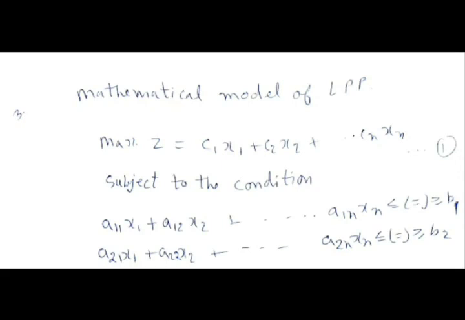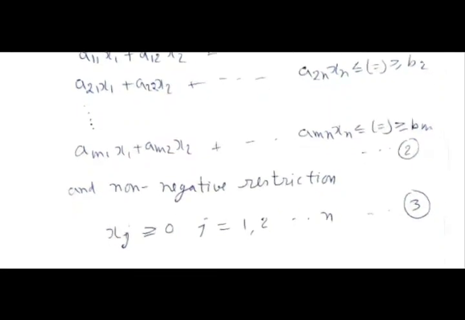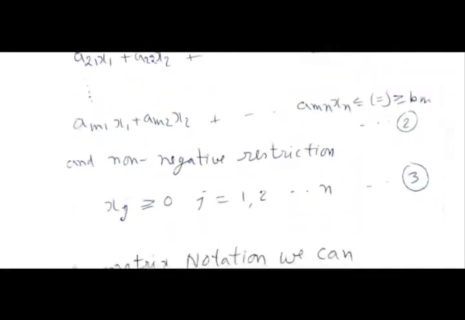Maximize z = c1x1 + c2x2 + ... + cnxn, subject to the conditions a11x1 + a12x2 + ... + a1nxn ≤ or ≥ b1, a21x1 + a22x2 + ... + a2nxn ≤ or ≥ b2, and so on, up to am1x1 + am2x2 + ... + amnxn ≤ or ≥ bm.